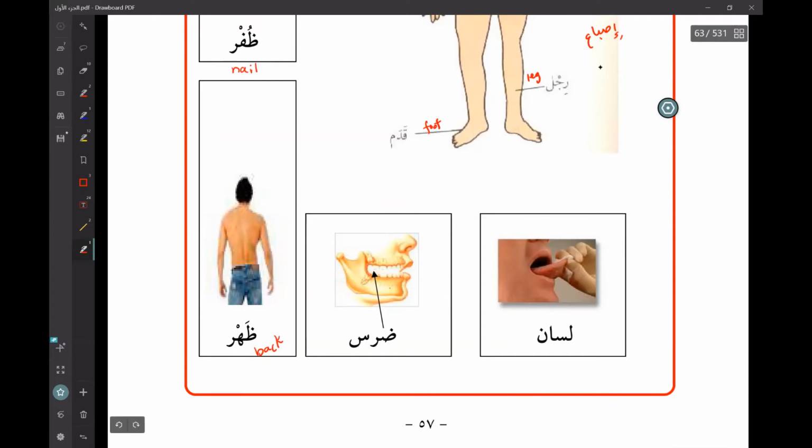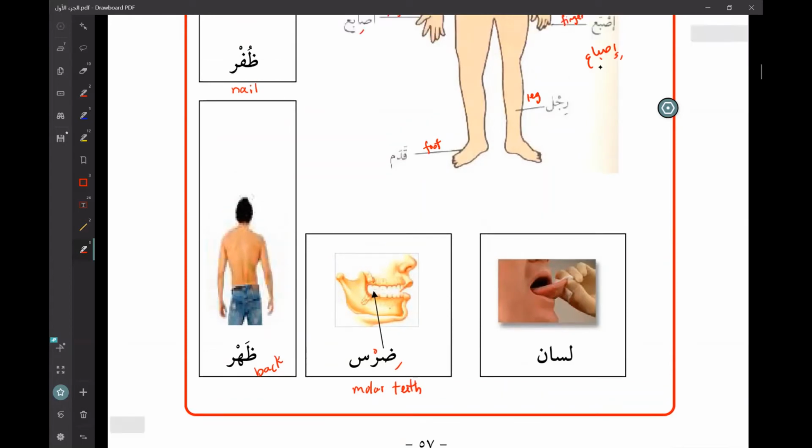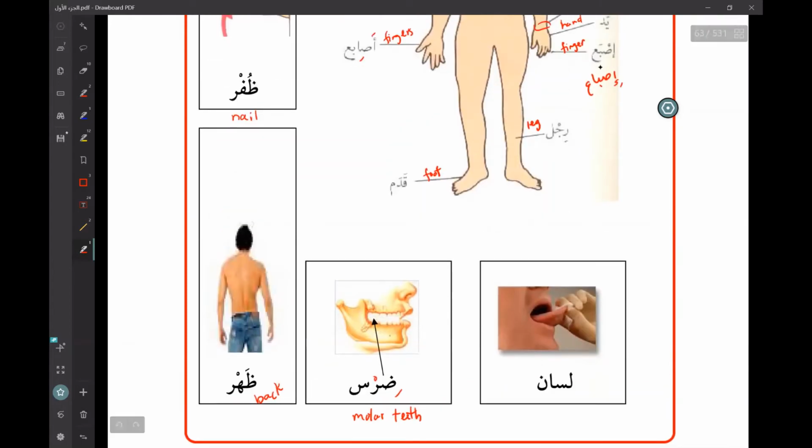Now we have here dirs. Dirs is the back teeth, the molar teeth. Molar. That's how you spell molar. Molar teeth or tooth. I'll just write teeth. So they give you the back teeth, but they didn't give you the normal teeth. So that's not nice.